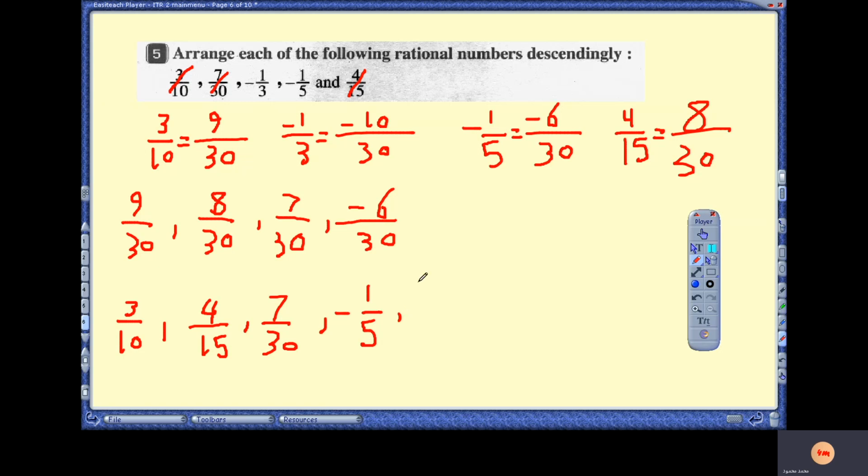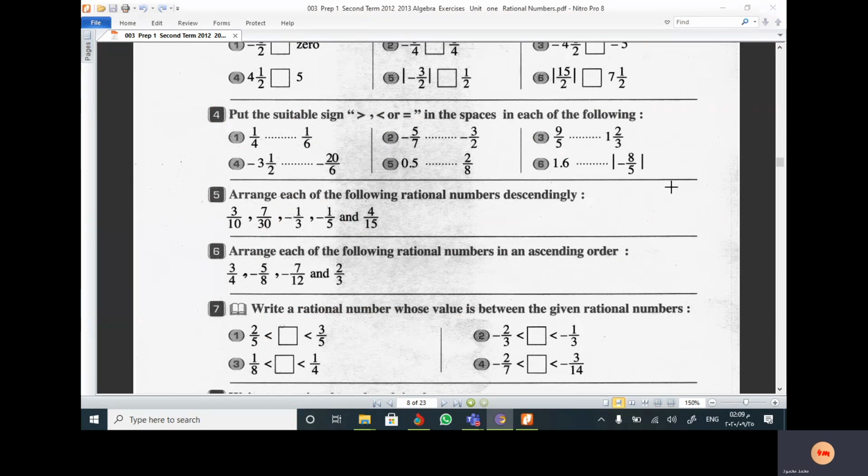At last, negative 10 over 30, here negative third. And number 6 is the same.